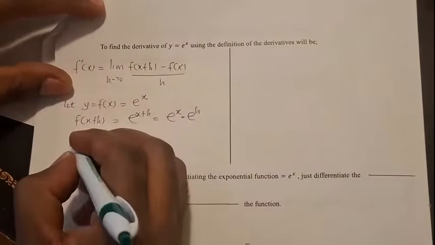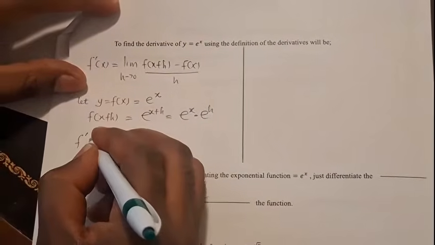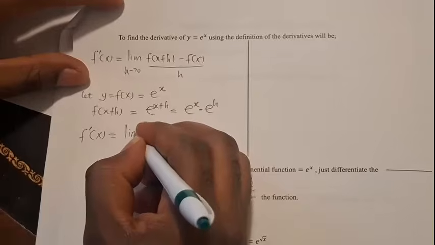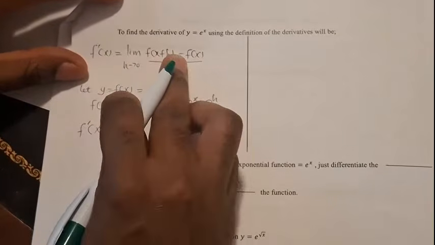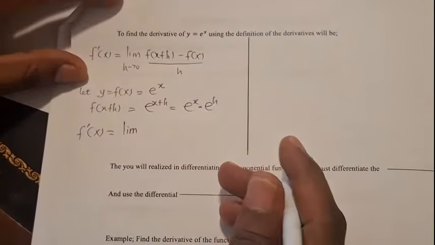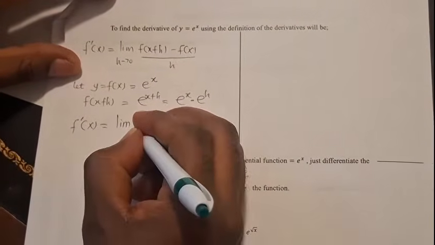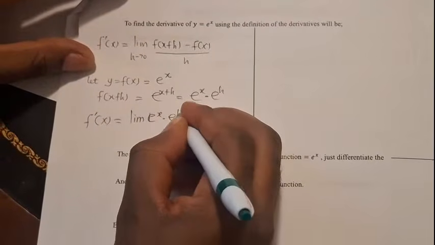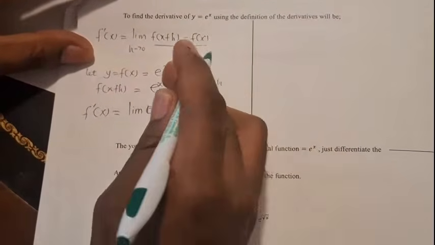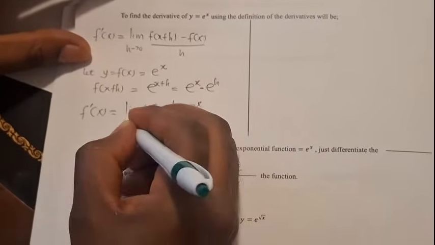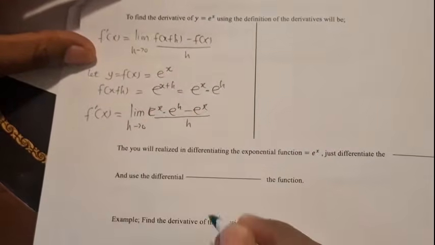So from here we can say our f prime of x is equal to the limit of f of x plus h, and f of x plus h is e exponent x times e exponent h. So we can say this is e exponent x times e exponent h. Then minus our f of x, which is e exponent x, all over h, the limit where h approaches 0.